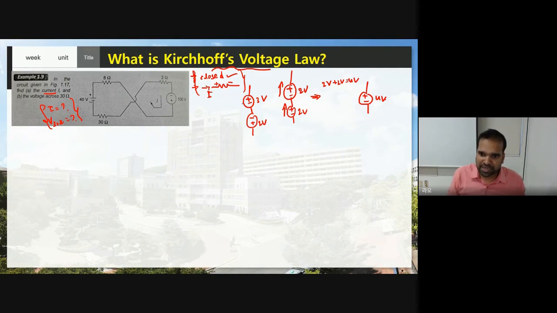As per this source, current is going like this, and as per the other source, current is coming this way. So of course these two current directions are opposite to one another. In that case you need to subtract. So 3 minus 2 equals what? 1 volt. Which one is the higher potential? 3, and the lower potential is 2. So I write 3 minus 2, 1 volt.